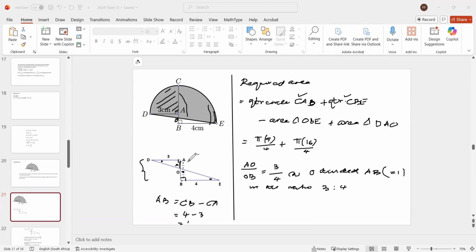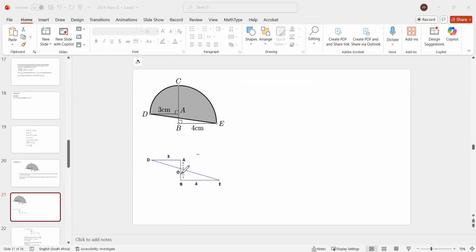AO over OB is 3/4, but the whole length is 1. So therefore, you can say that AO is 3/7 of 1. That's what I got here: 3/7, and the bottom part is 4/7. The ratio of this is 3:4, so it has to be 3/7 and 4/7, and when you add them, you get 1.